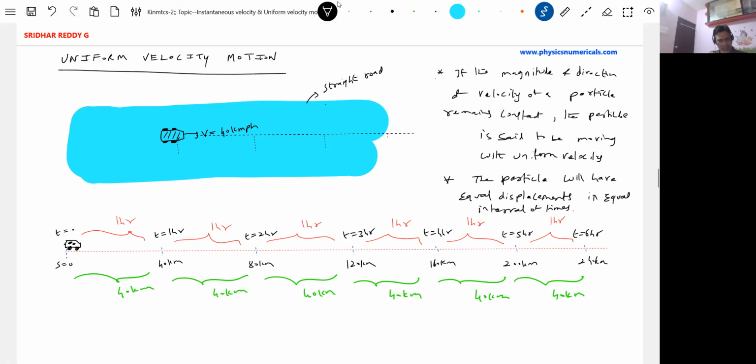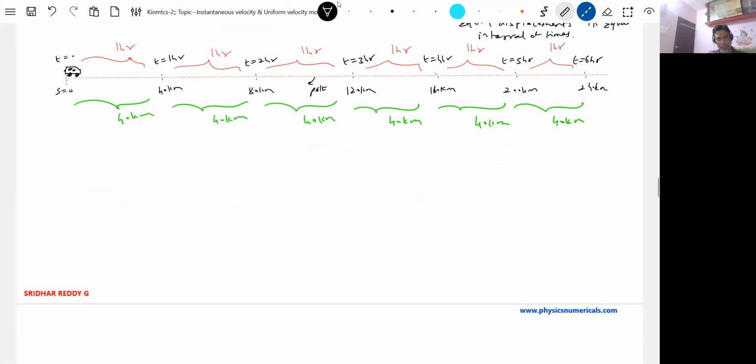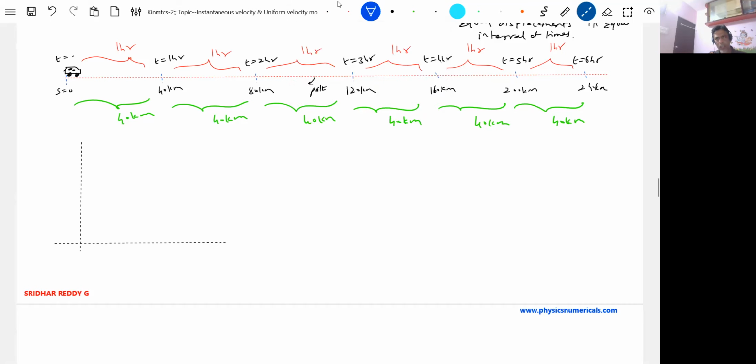So this is about the path. What is this red color? Path of a car. Okay, graphically, can we represent it? Okay, next, because the graphs are something very important. Every time we can't draw. Yes, the graph also we can. We have to show those equal intervals.